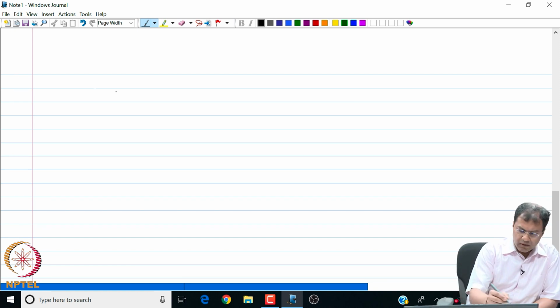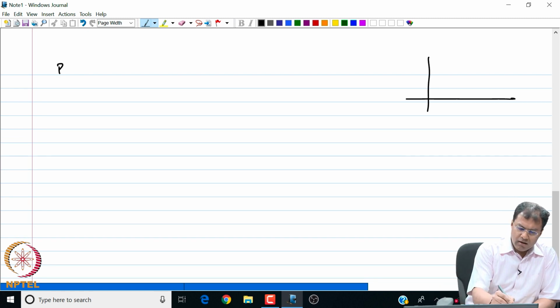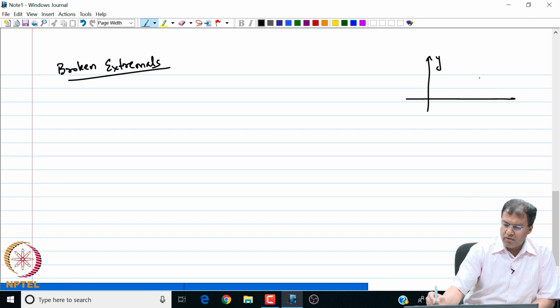So, typically I will have the following figure for broken extremals. Let us say I am drawing the extremal y as a function of x, and my starting point is x0, y0, and my ending point is, let us say, x1, y1.